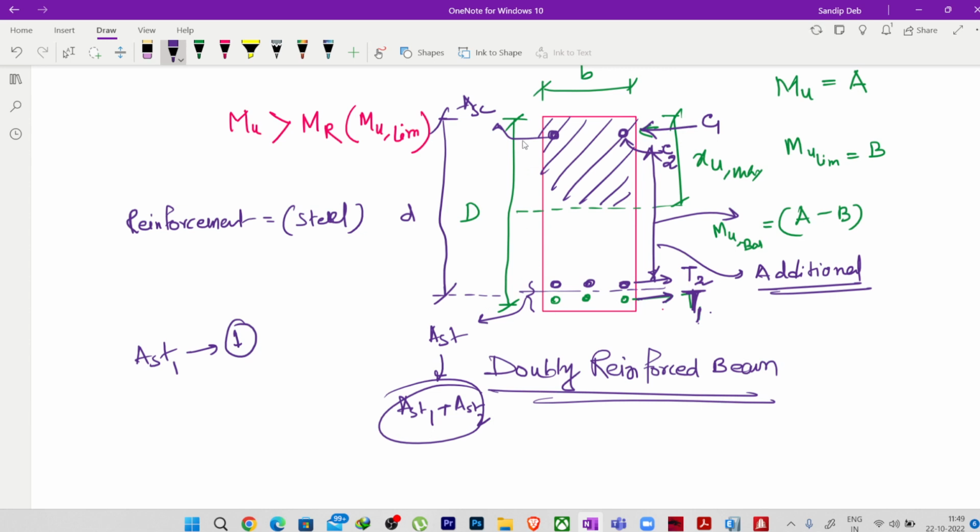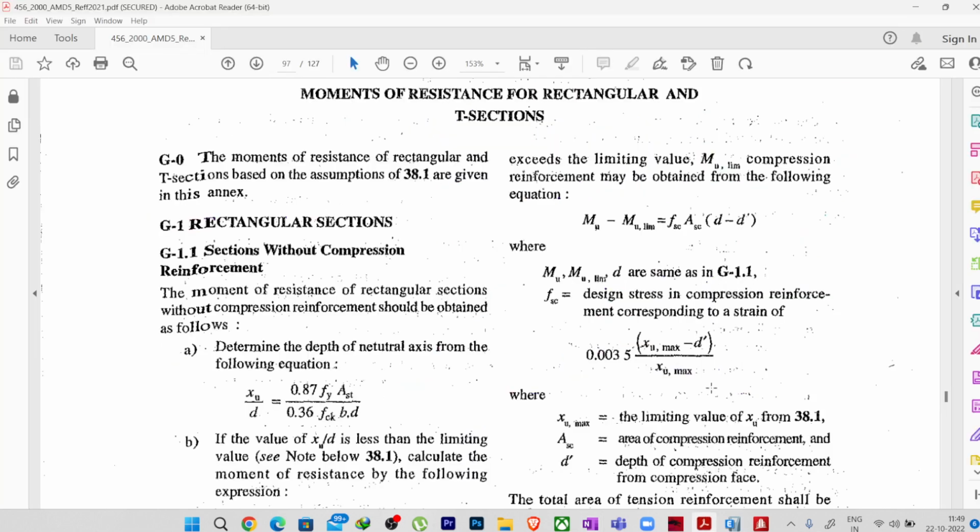For the compression reinforcement, it is from the top to the center of the rebar group. Suppose we have only one layer of rebar, so it is the center of this rebar. We call it d dash. It is the effective depth for compression reinforcement. We need to find this d dash, put it in this particular formula, and we can easily find the corresponding compression strain value in the compression reinforcement.